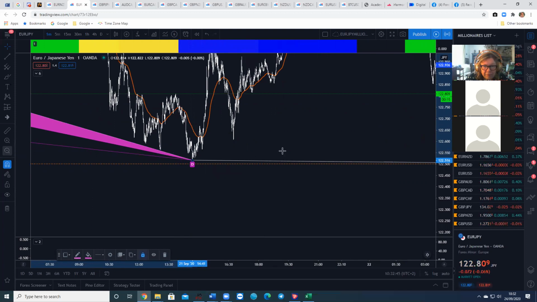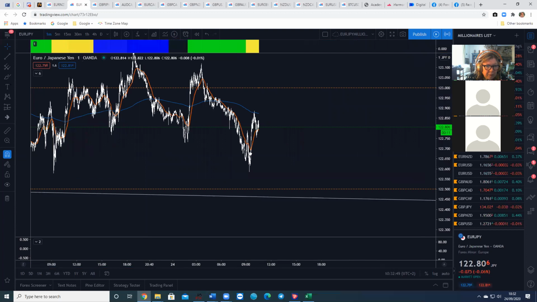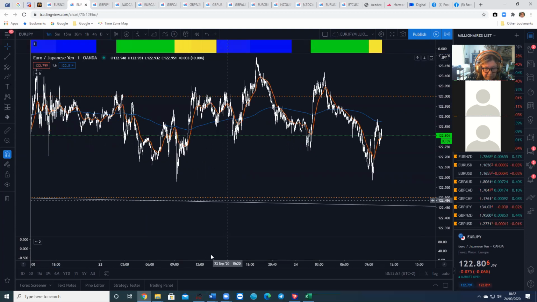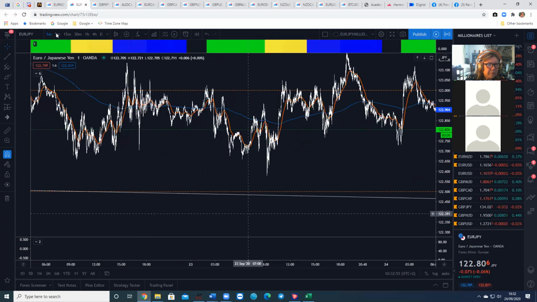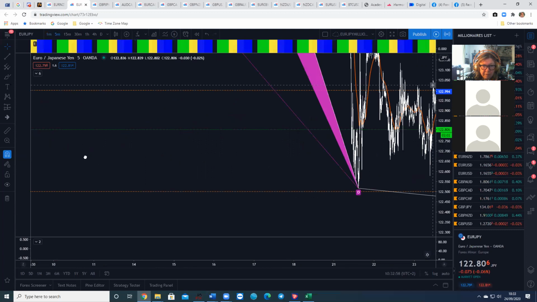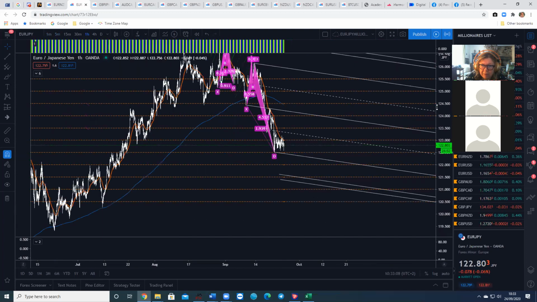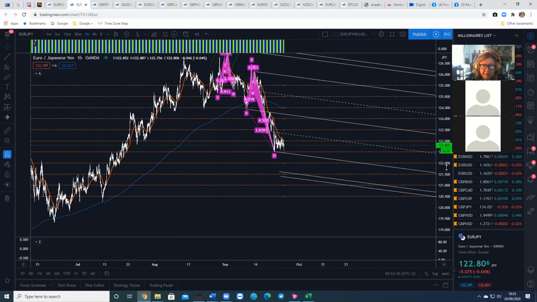And let's have a look at the setup. So have we had a break and a retest? Go to the 5 minute. Oh, well, it's just one of those scans now where it's pointing down on a buy scan.